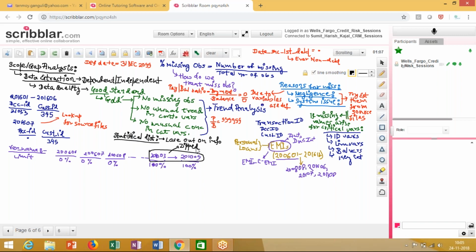A variable is taken, the missing observations are computed month on month, and a trend is created.